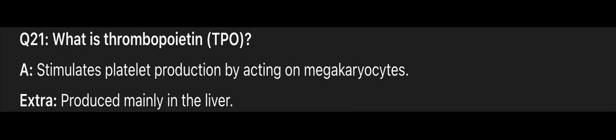What is thrombopoietin, TPO? TPO stimulates platelet production by acting on megakaryocytes. Where is TPO produced? In the liver.